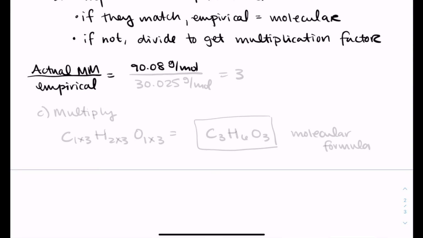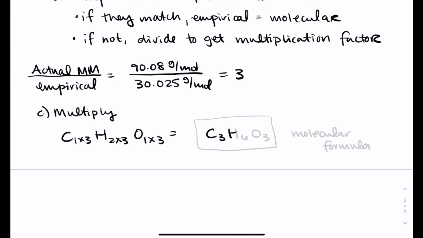So what that means is that our empirical formula, we need 3 of them put together to be the whole molecule, which means that we multiply each subscript by 3. So 1 times 3, 2 times 3, and 1 times 3. So my molecular formula is C3H6O3.